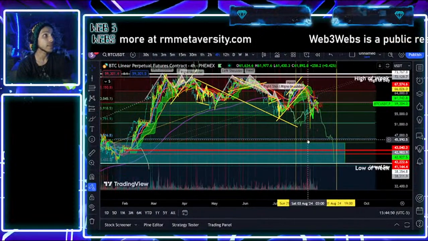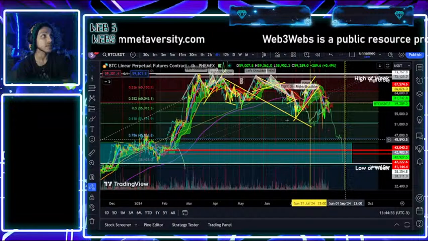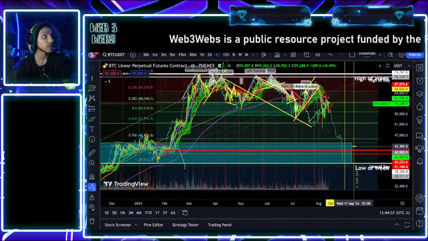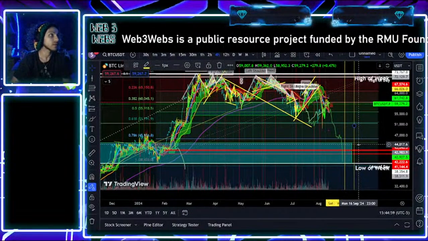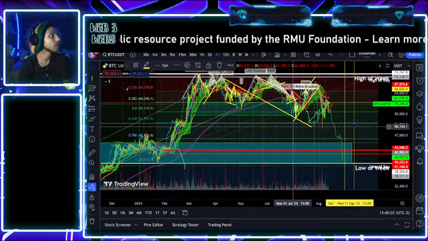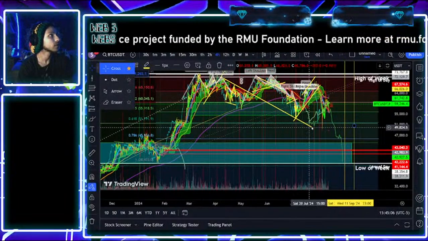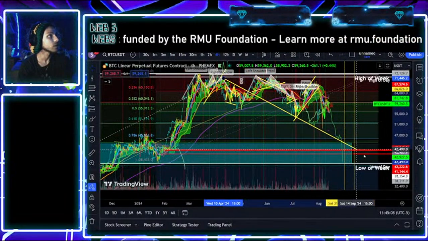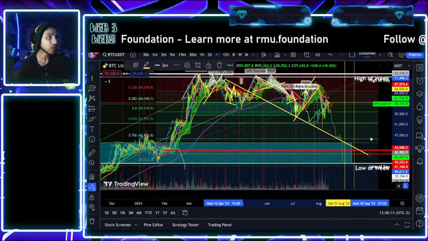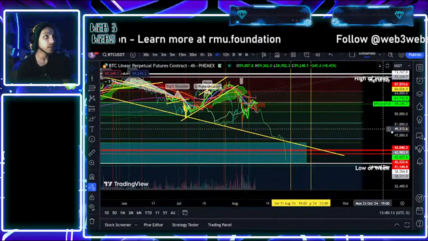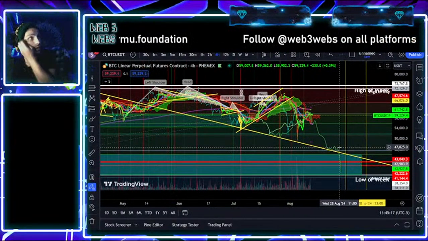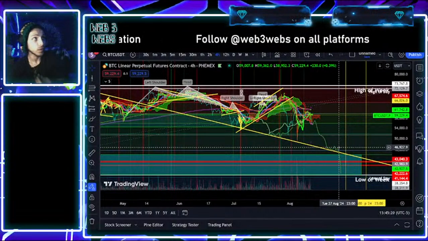More likely is that we're going to come down and retest this level, which lines up with this here. If you see this out, it lines up perfectly there, right? So this is basically going to be our decision point here. I feel like this is going to be our point of contention. It's going to be sitting right around 45K.